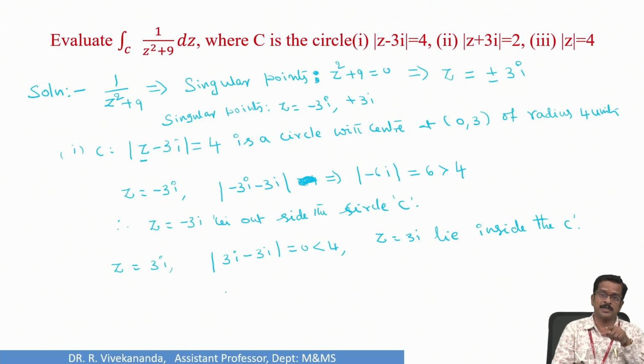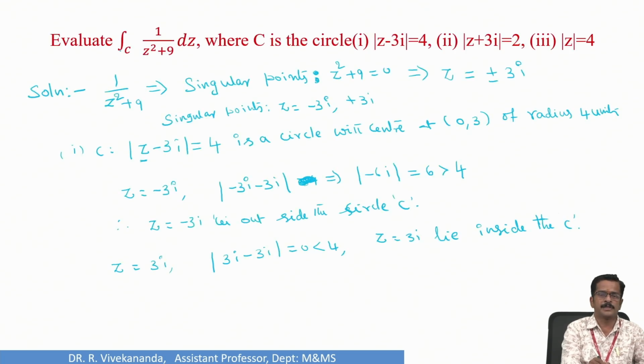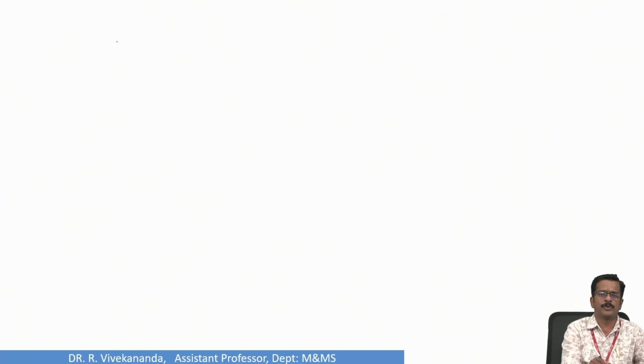If one singular point lies inside and one lies outside, what to do? See, the given integrand is 1 by z square plus 9.